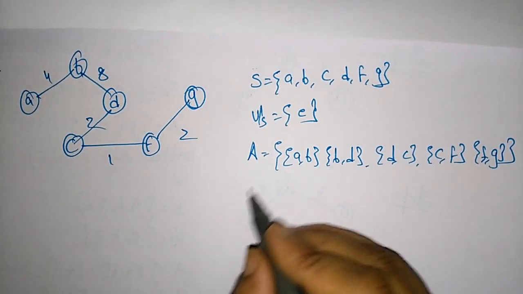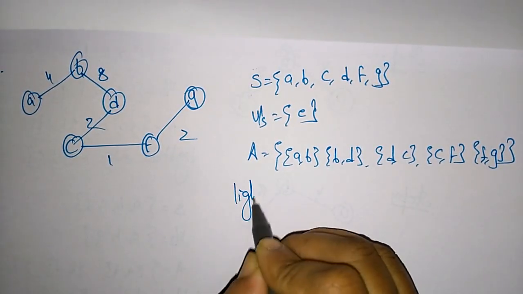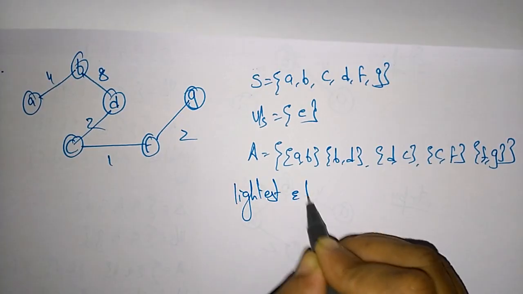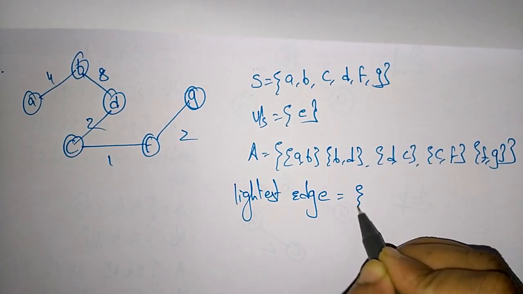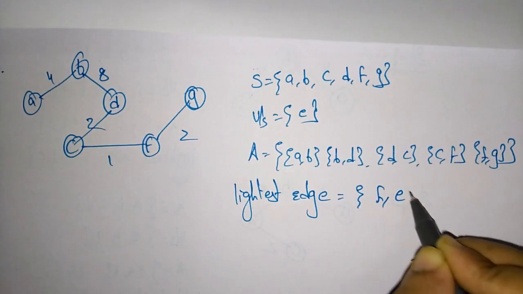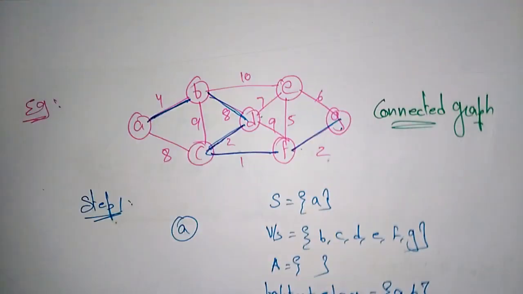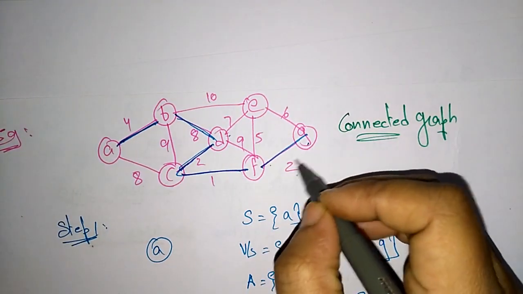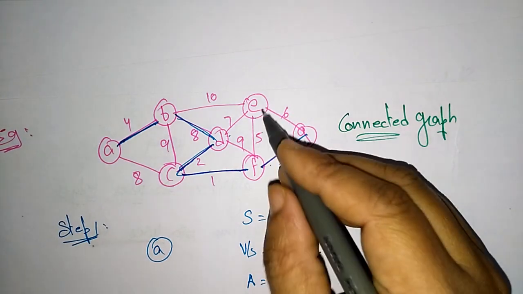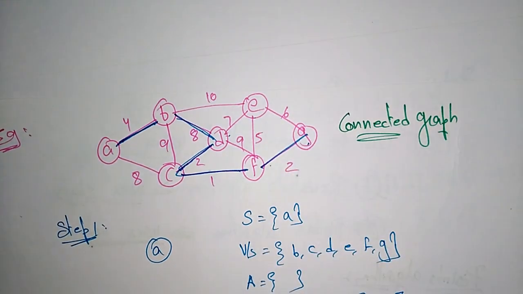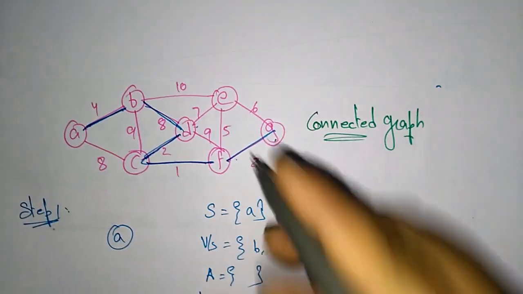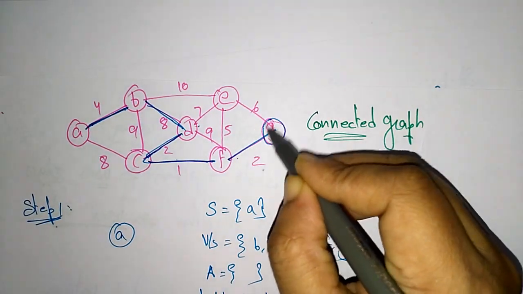Okay. Now, what is the lightest edge for G? So we have to select from G. The lightest edge is FE. So, when compared to here, FG and E, this is the lightest edge. So I am selecting FE. Sorry, not that, we have to visit it from the visited vertex.